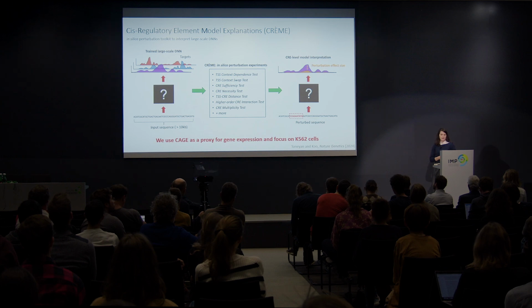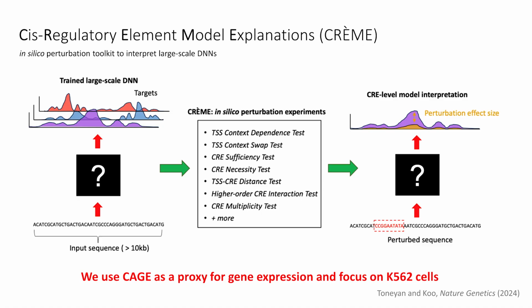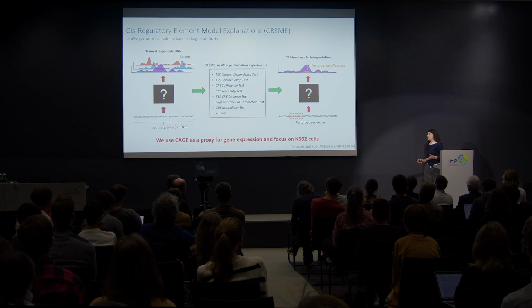And to overcome these limitations, we developed CREME at the Koo Lab, which is a new interpretability method for performing large-scale in silico perturbations to understand where these enhancers and silencers are within target genes. Importantly, because we're not limited by experimental costs, we can do this across many genes at the same time to reveal general patterns in gene expression regulation.